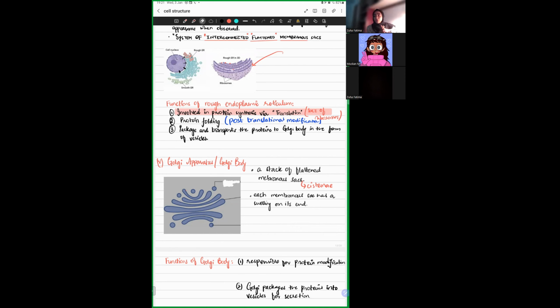But when we're talking about the structure and observing it under a microscope, the two major differences in the appearance of a rough endoplasmic reticulum and the Golgi body are, first, that the membranous sacs, the cisternae, in RER are continuous, connected to one another, not separate. But in a Golgi apparatus, those flattened membranous sacs are disconnected from one another. They are stacked and piled up upon one another. And another difference is that RER has ribosomes attached to its surface, and the Golgi apparatus does not have ribosomes attached to its surface. Okay, ji.